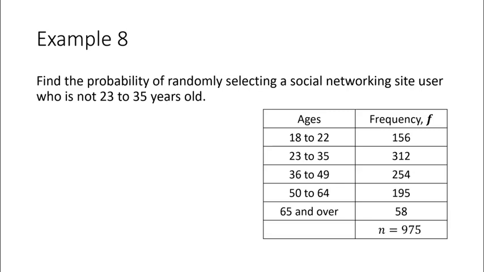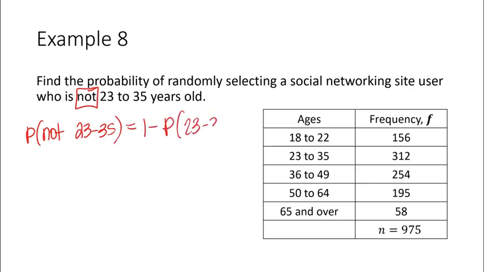Find the probability of randomly selecting a social networking site user who is not 23 to 35. The probability of not being 23 to 35 is the same as 1 minus the probability of being 23 to 35. Well, this is one of those experimental probabilities.